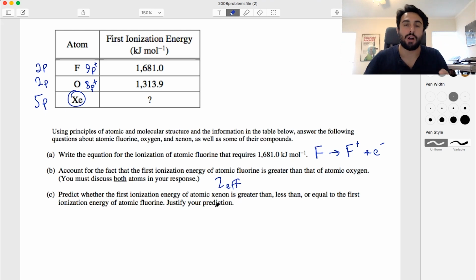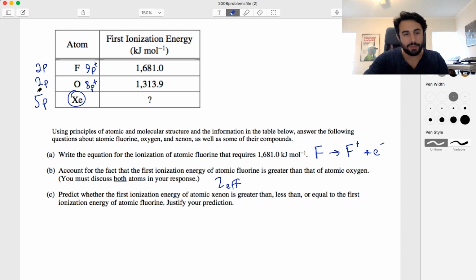Now, Coulomb's law, right? Again, the farther away the electron is from the nucleus, the easier it is to take. The less energy is required to take an electron because it's further away. As these oppositely charged particles are further away from one another, the weaker the attraction. Therefore, the less energy required to take it.